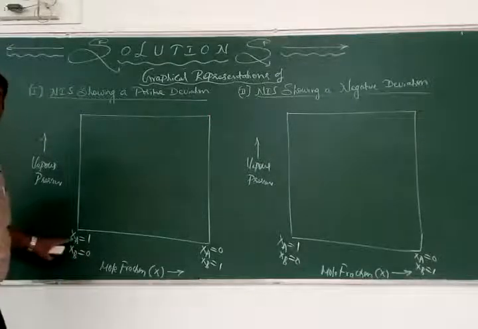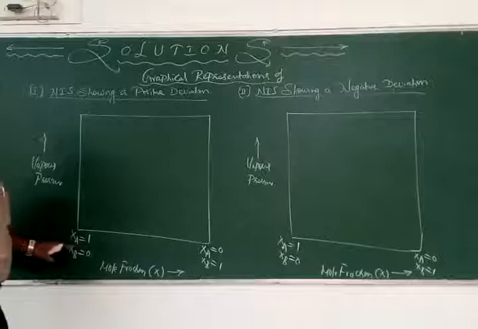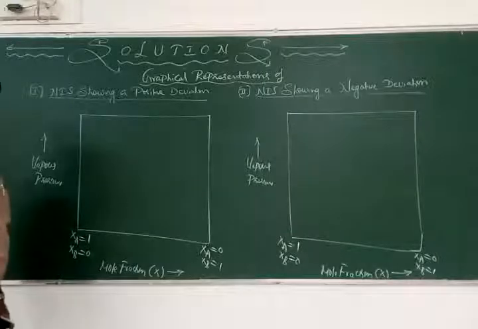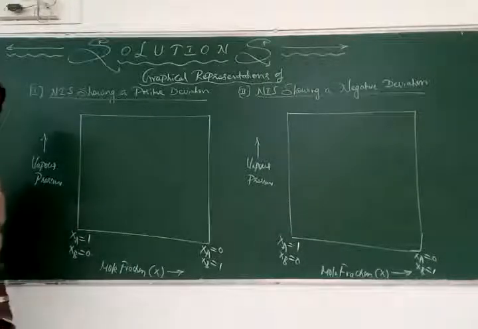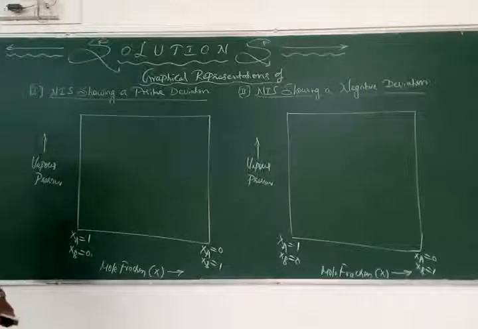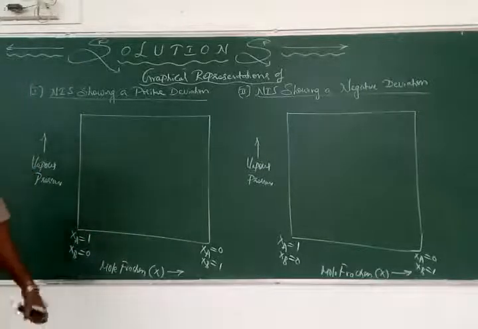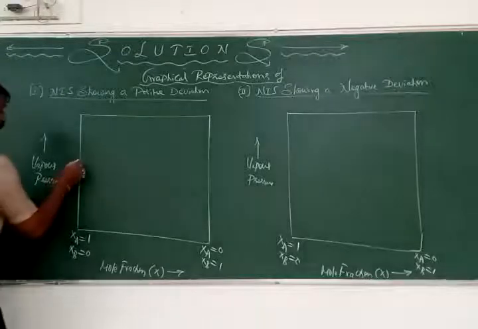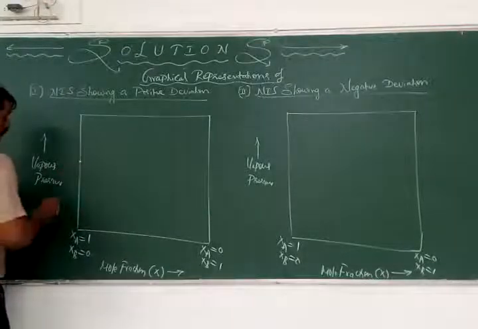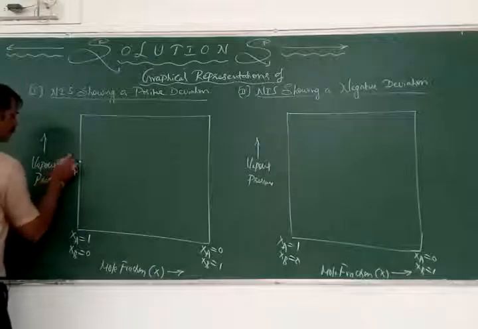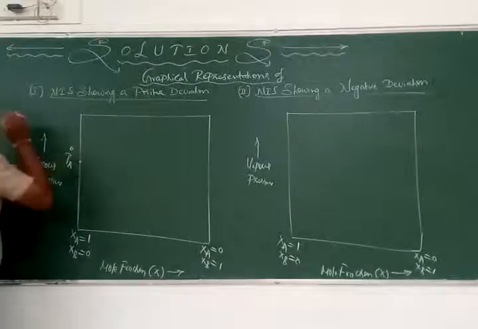As vapor pressure of A is maximum, the partial vapor pressure is also found to be maximum at the initial point and it goes on decreasing, because as XA decreases, the partial pressure gets decreased. Let us call this PA naught. What is PA naught here?